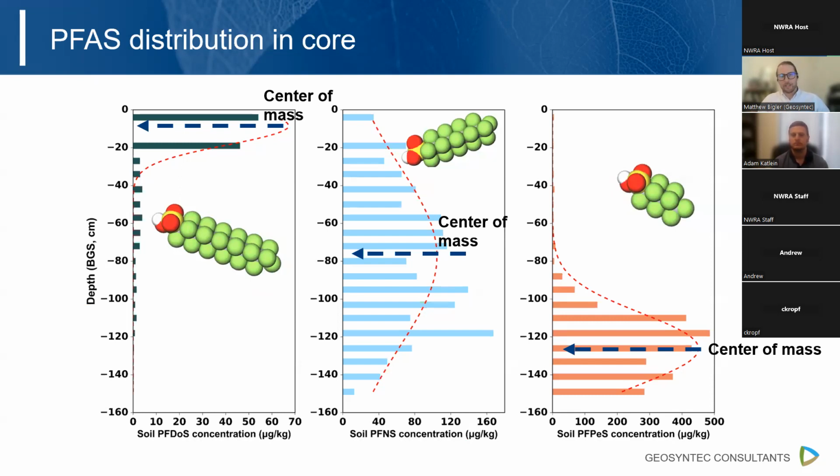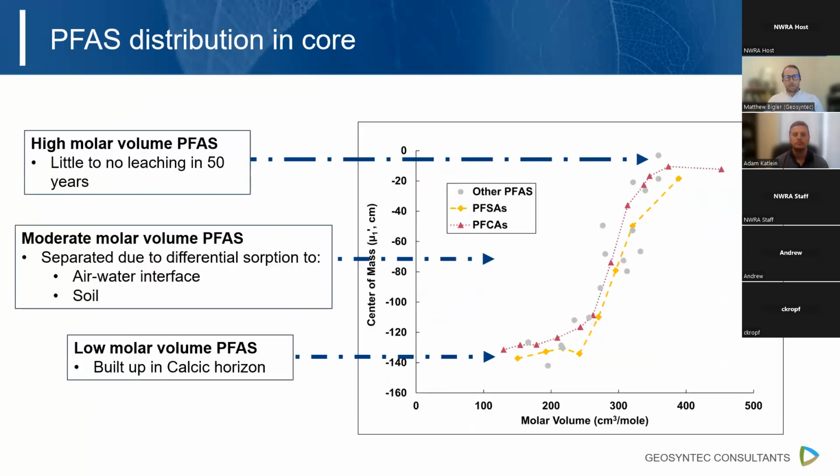And you can see that this molar volume is much lower than the molar volume of these other constituents. I also just wanted to note the center of mass. You can find these for each of these PFAS distributions just using standard statistical analyses. And if we do that for all of the PFAS in the core, we can actually get a relationship of all of our PFAS with respect to molar volume.